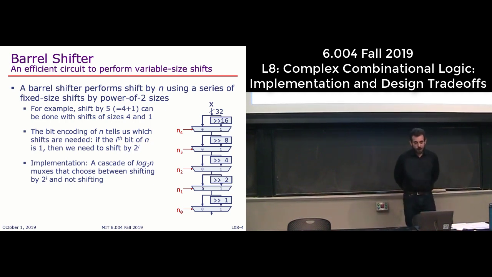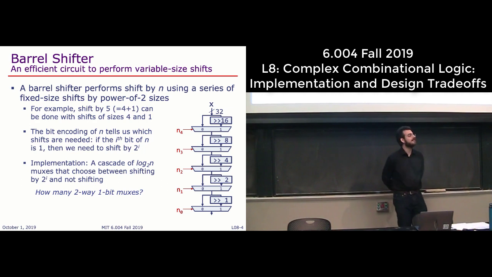Okay, now why is this better? Can any of you tell me how many two-way 1-bit muxes this requires? Let's build it out. So how many two-way 1-bit muxes do we require for a single one of these muxes?